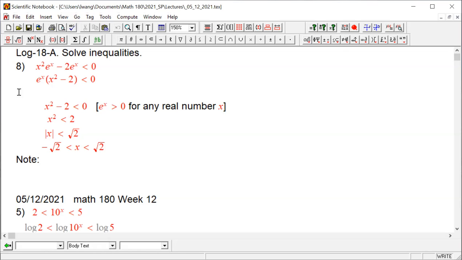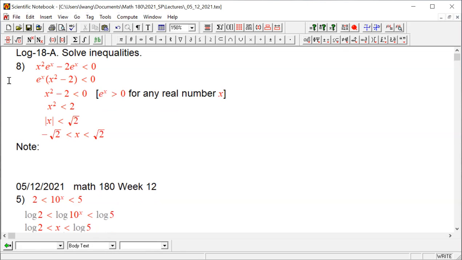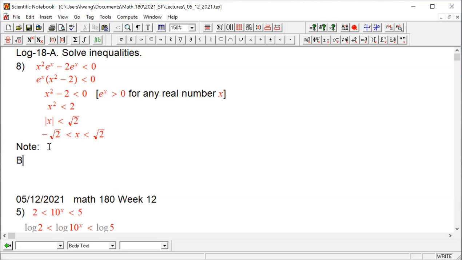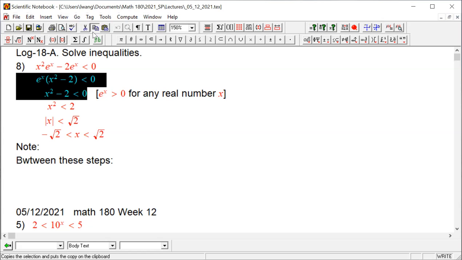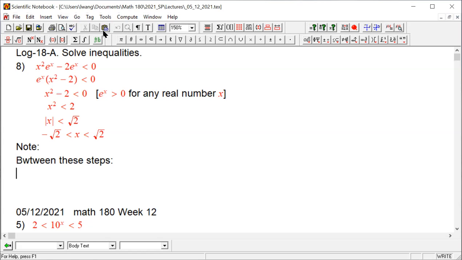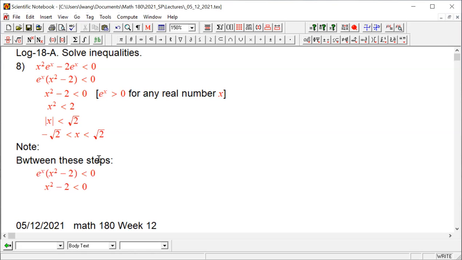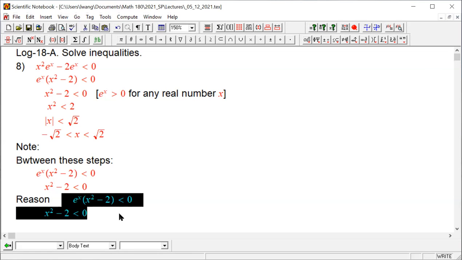Between these two steps, from here to there, one of the reasons is, oh, I just crossed it out.